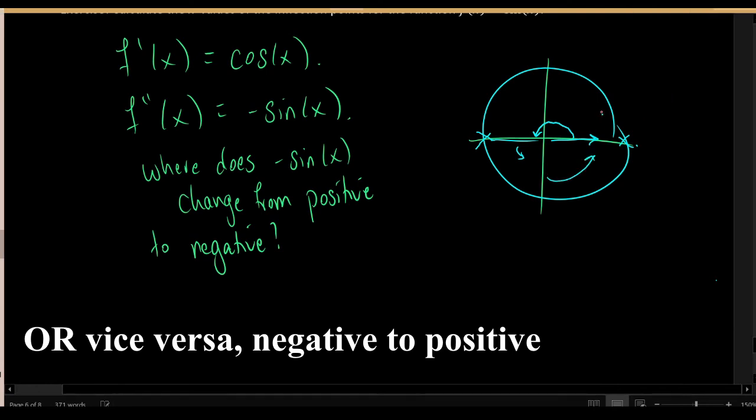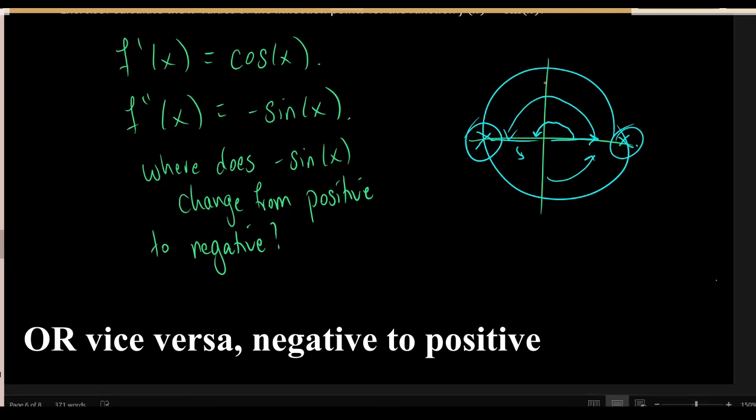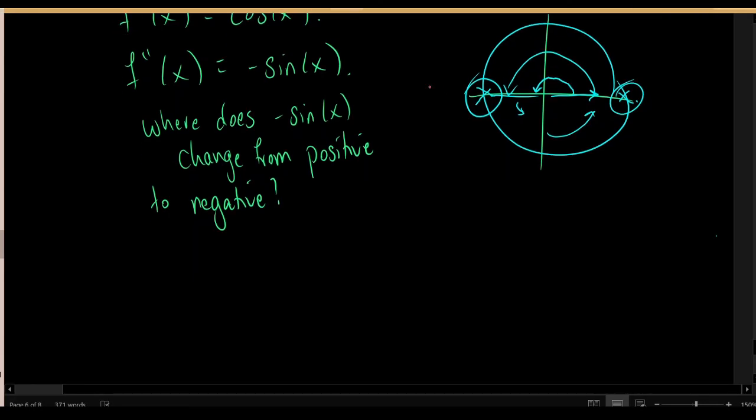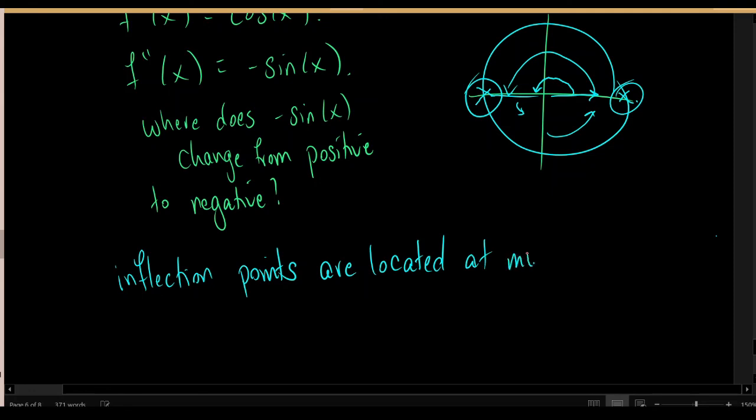And as you continue to spin around and around, sine of x changes from positive to negative, or from negative to positive, every time the angle passes through the positive x-axis or the negative x-axis. Now, if sine is changing between plus or minus, negative sine is definitely also changing between plus or minus. So the inflection points are located at multiples of pi.